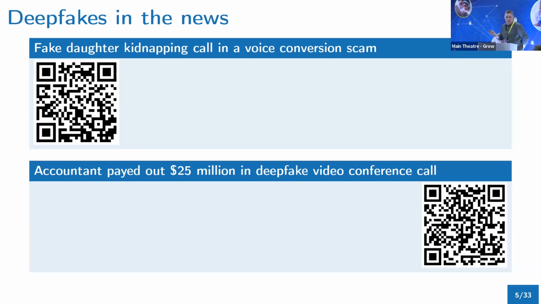There's a recent famous one in the news where a Hong Kong accountant gave 25 million to some people through a deepfake Zoom call. Technologically speaking, it's a very interesting case, because it's very hard. Those people created a special room with equipment, with GPUs.